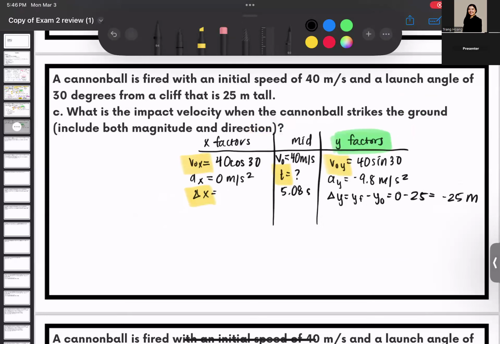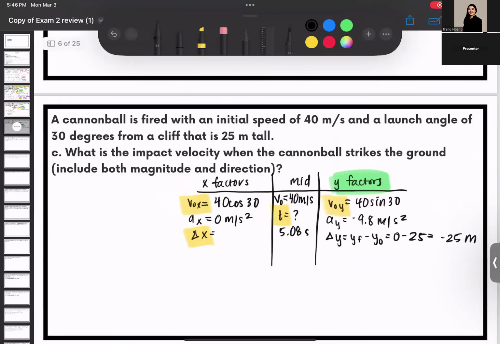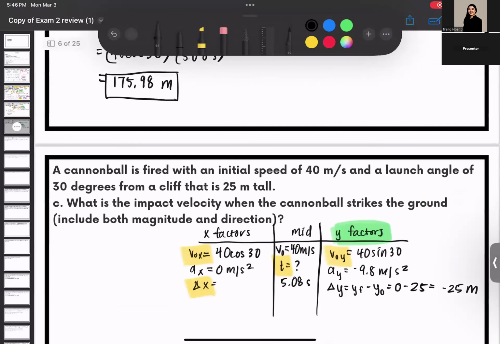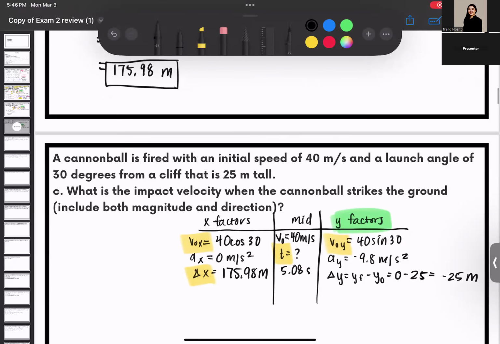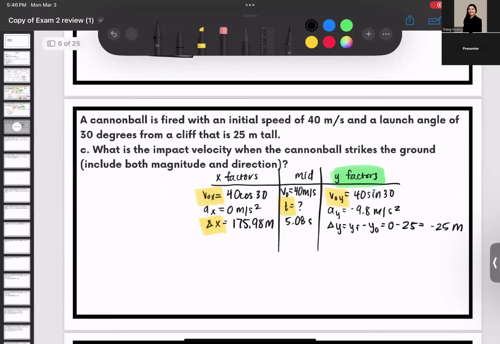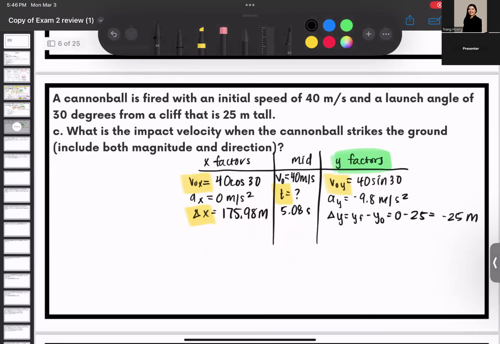My next thing is to find the impact velocity. Oop, I didn't update this. This would be 175.98 meters. What we're asked for now is to find the impact velocity when the cannonball strikes the ground, and we need to include both magnitude and direction.